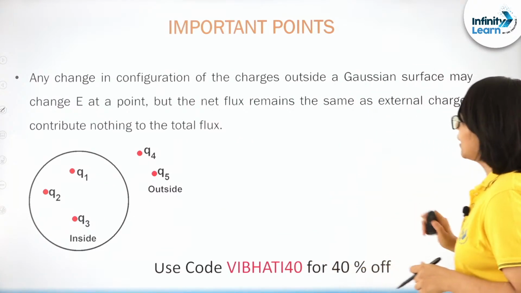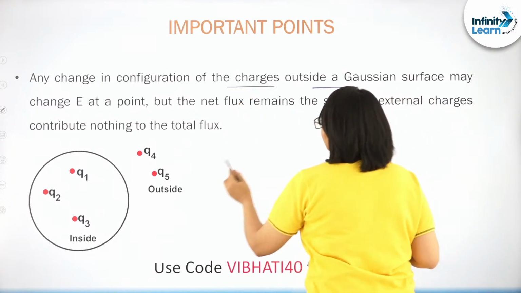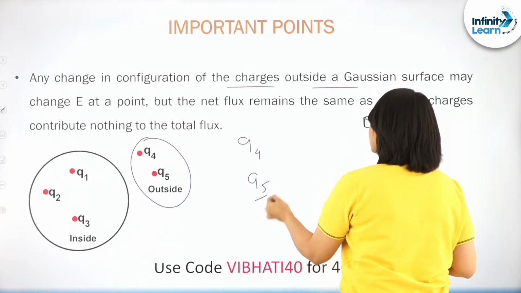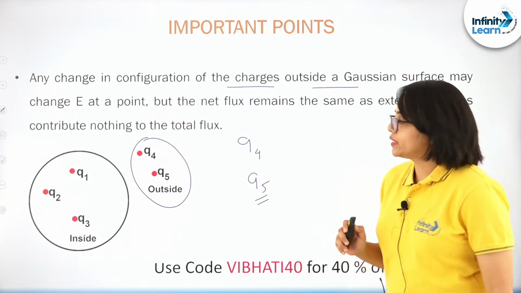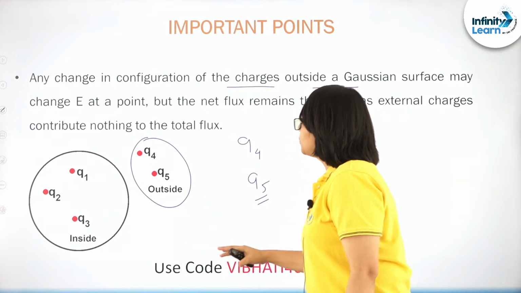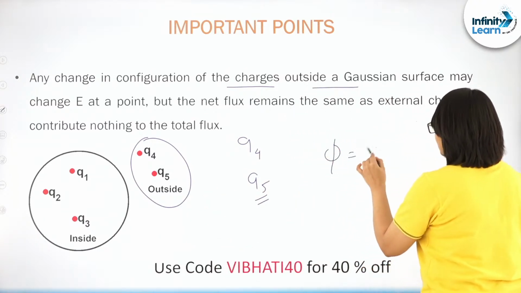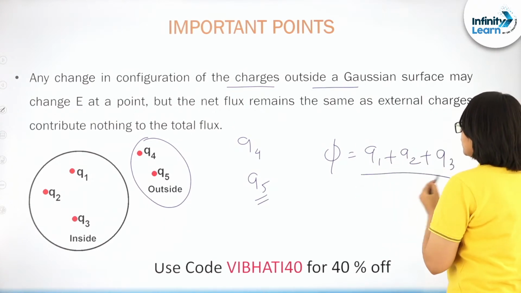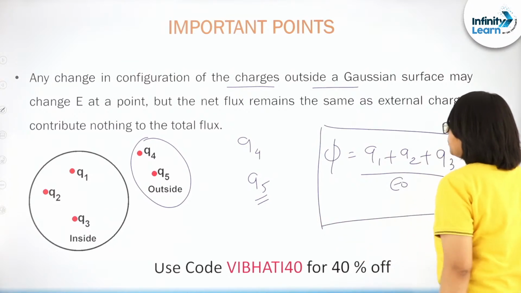ठीक है? Next is any change in configuration of the charges outside a Gaussian surface. इसको हटा के यहाँ पे ला दो. Fine. Again बच्चों, net charge inside the surface will be constant, that is Q1 plus Q2 plus Q3. So flux remains same, because we are not changing the magnitude of charges inside the surface. ठीक है?